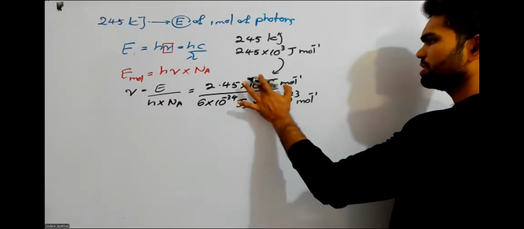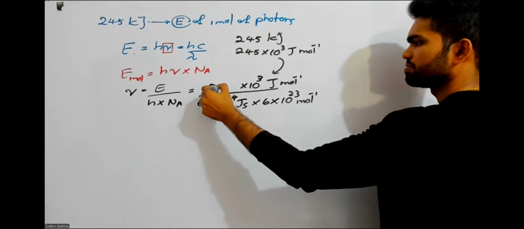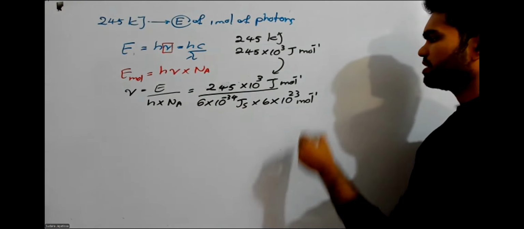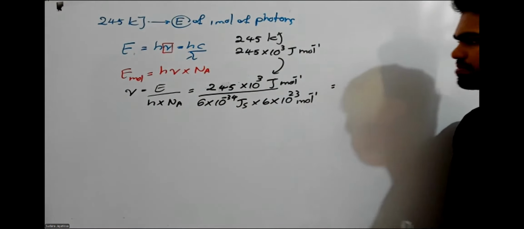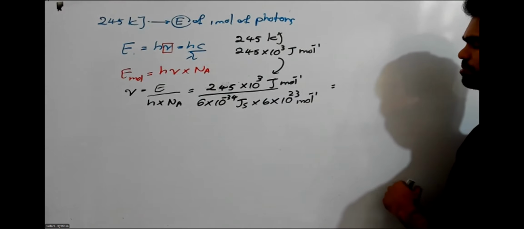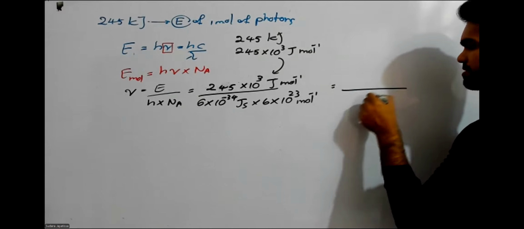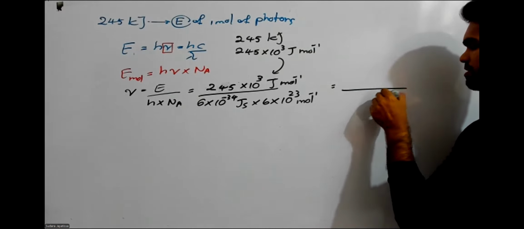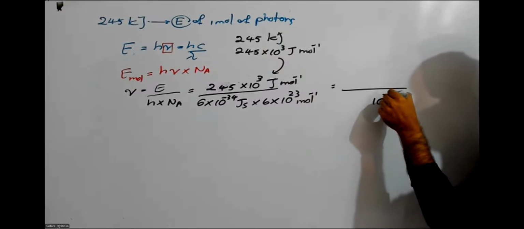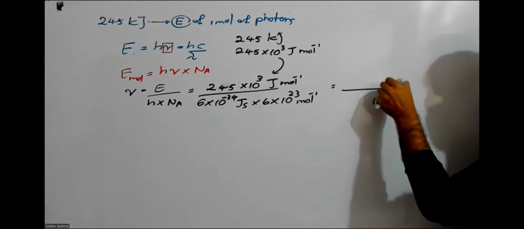So let's take this 245 itself, because anyway there are two 6s. If you simplify this, it is going to be 10 to the power minus 34, 23, which gives 10 to the power minus 11. Sorry, minus 9. And here 10 to the power 3.